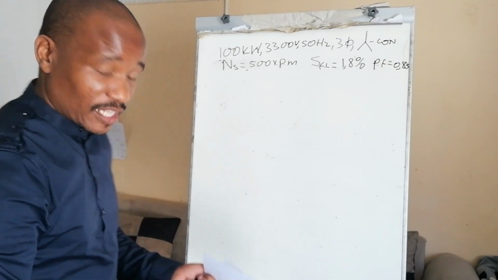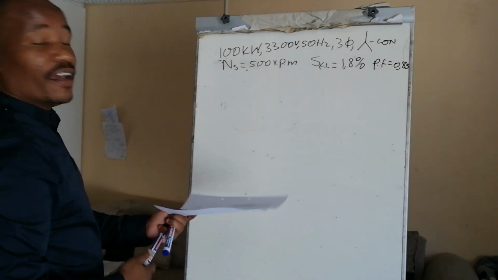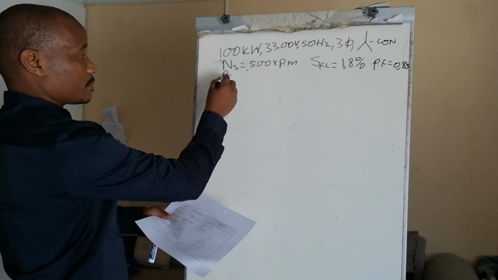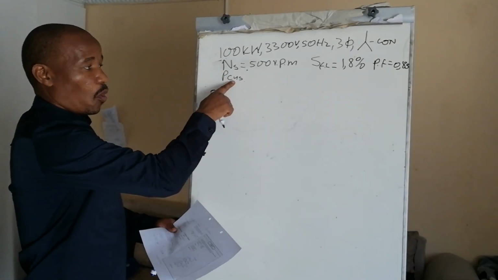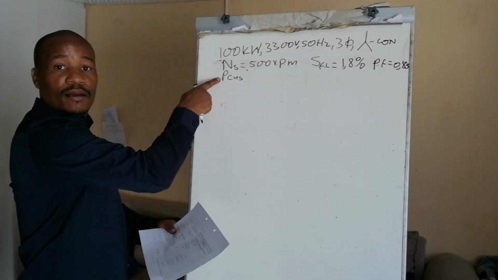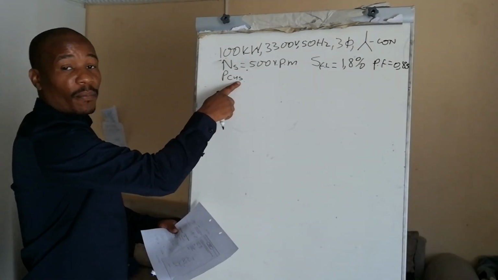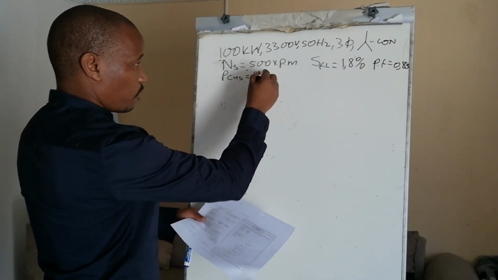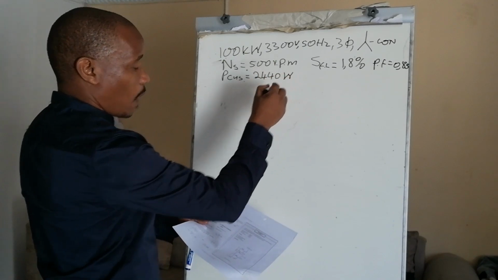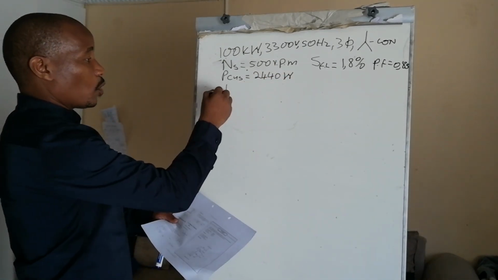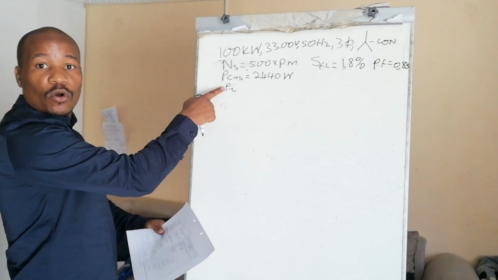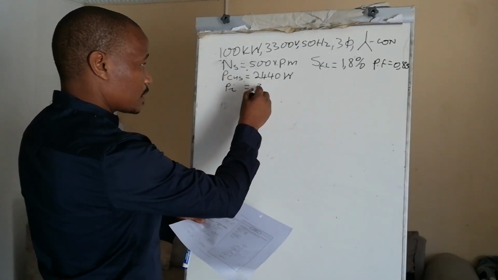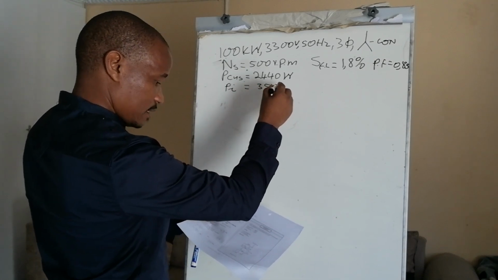And you are also given the stator copper losses, PCUS. The stator copper losses are equal to 2440 watts. The constant iron loss is equal to 3,500 watts.